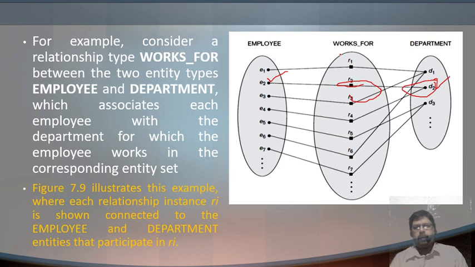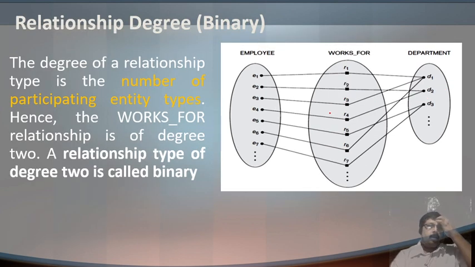This particular relationship is between two entities. When the relationship is between two entities or two tables, that is called binary. Now the same concept I had told, we will discuss here. That is called the degree of a relationship. So basically there are two types of degrees: one is binary and another one is ternary. When the number of participating entity types is only two, then it is called binary.